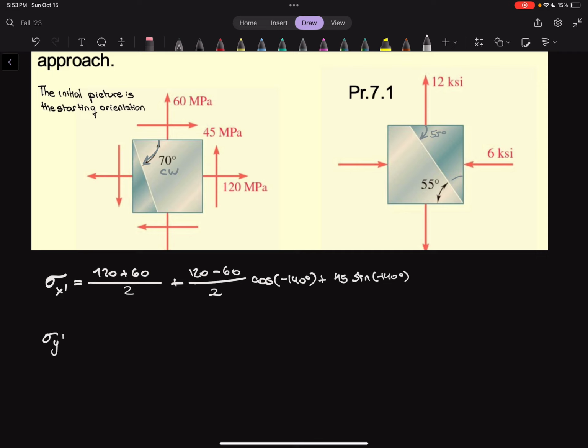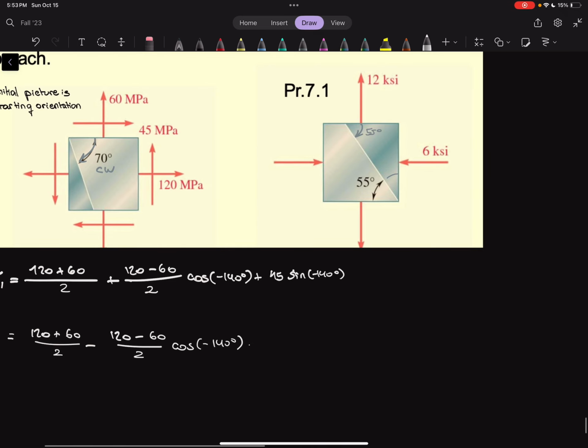Now for sigma y, it's going to be similar. 120 plus 60 over 2 minus 120 minus 60 over 2 cosine minus 140 degrees minus 45 sine minus 140 degrees.